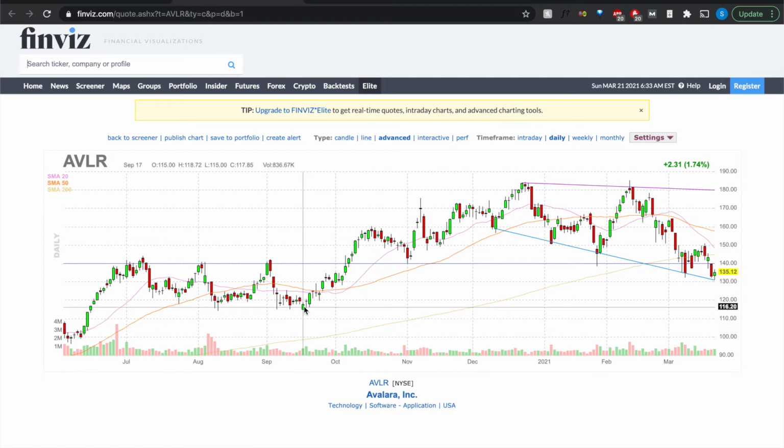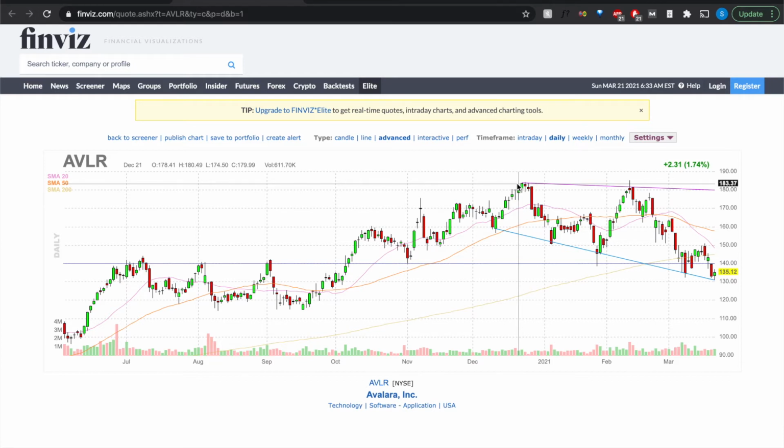So if we consider the price movement from here all the way till here, the stock was in a pretty good uptrend. So this is a kind of sideways consolidation, and then the stock started going up. It's been going up, and it reached around the $180, $185 levels at its peak.